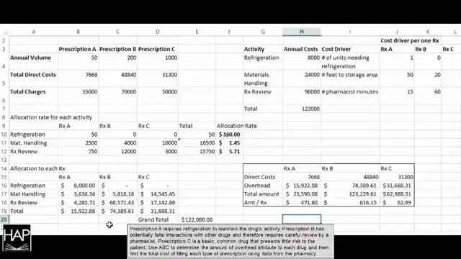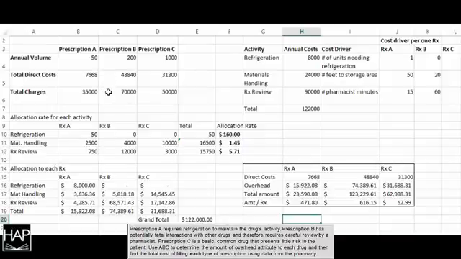So if we look, it's actually prescription B that costs the most because of its high prescription review and materials handling costs. This is interesting because if we look at the costs versus the charges, prescription A is charging more because it still has the patent.